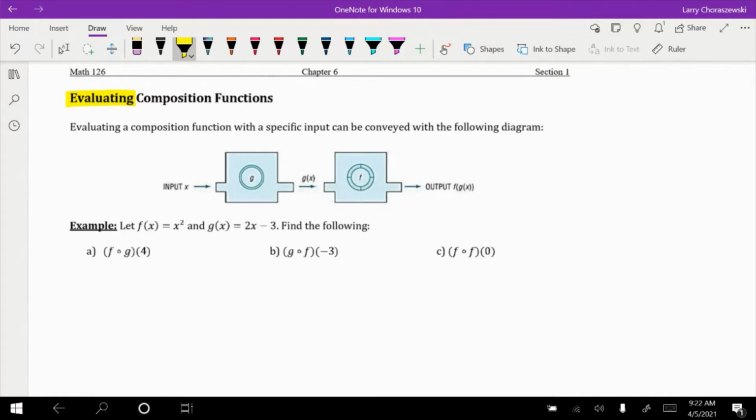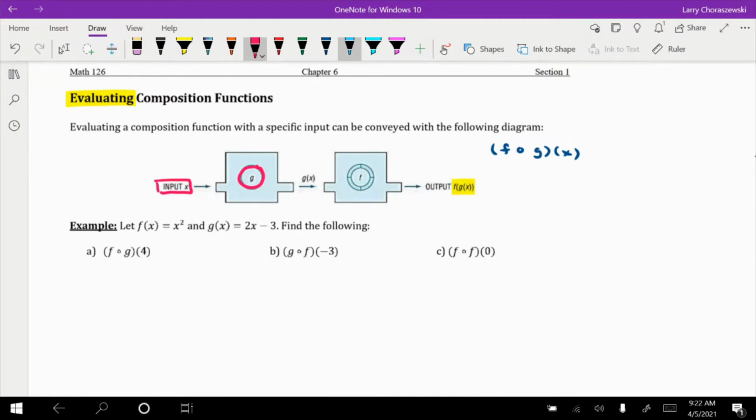All right, so I have this diagram which illustrates how to evaluate the composition function f of g of x. I'm going to refer to this notation in just a minute. Once you have a selected value of x, that's your input. With the composition f of g of x, the first function that you plug it into is actually the function g of x.